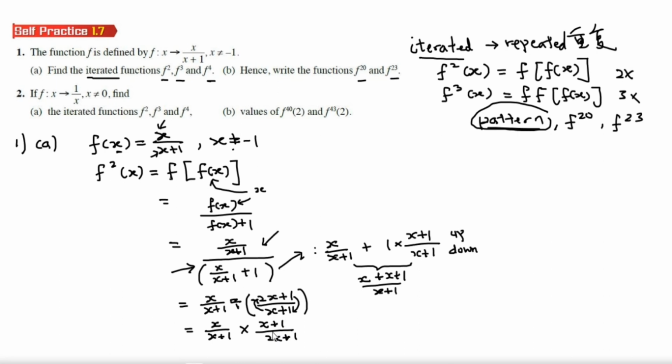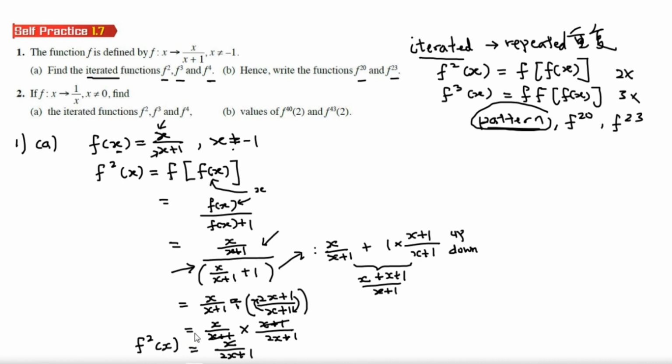The denominator x plus 1 bring to up, the numerator bring to down part. Then from there, you can see that we can terminate x plus 1, and then we get x over 2x plus 1. This is the f squared x.